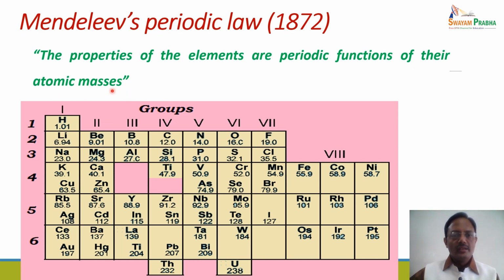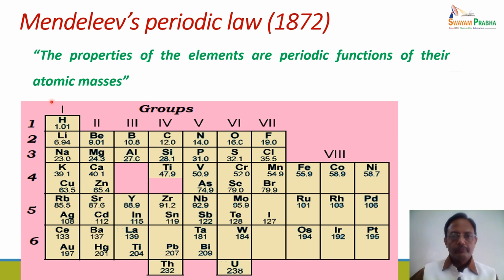So Mendeleev put all the elements in a single table, the first attempt to put the elements in a tabular format, and those elements having identical properties were put in a single group.